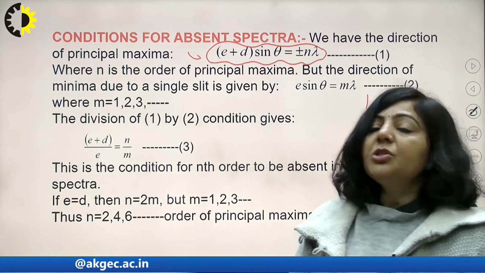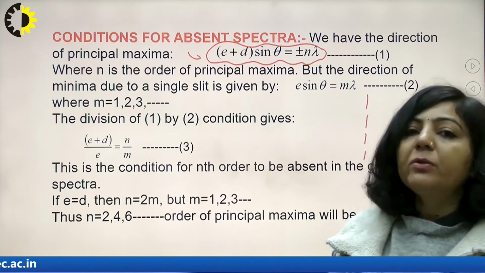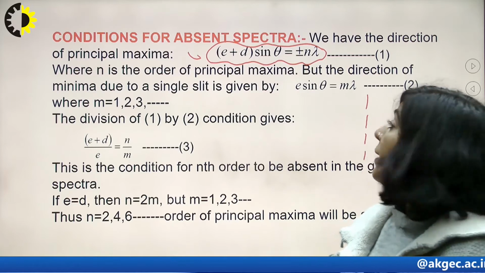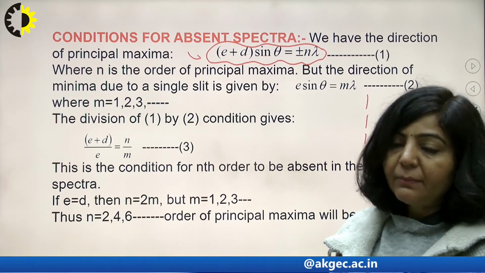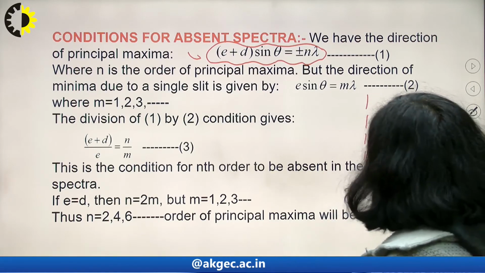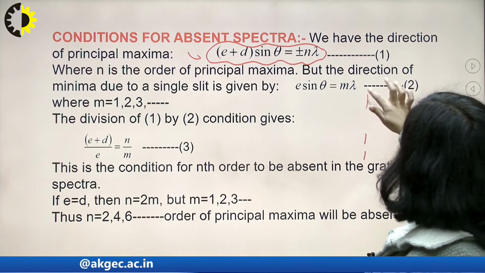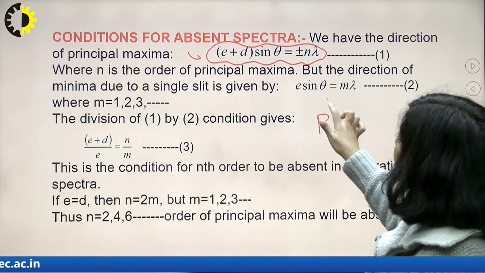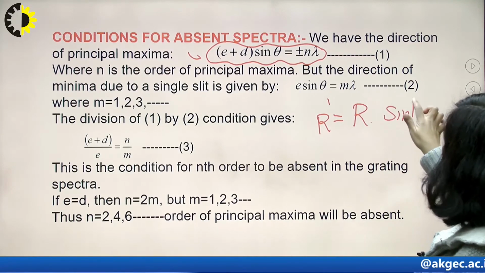This grating equation also represents the condition of nth order principal maxima, meaning with the help of this equation you can tell at what point you are going to get your nth order principal maxima. And there is one more interesting point: in the case of an n slit arrangement, we have I' equals I0 into sin squared(n beta) upon sin squared(beta).